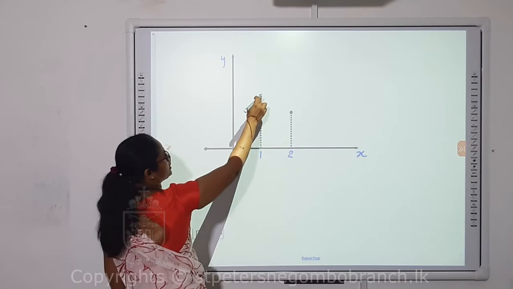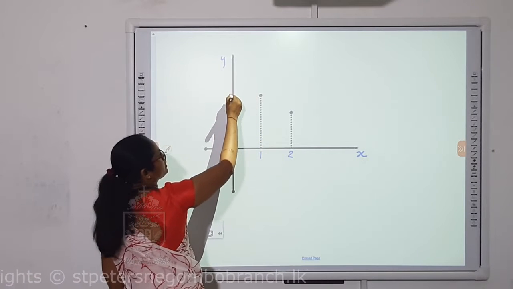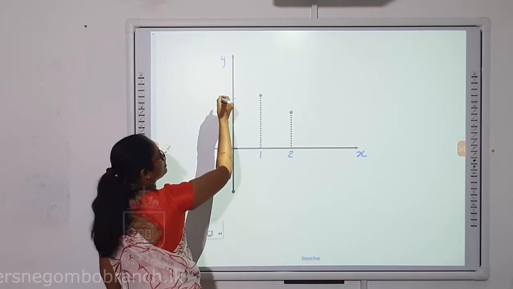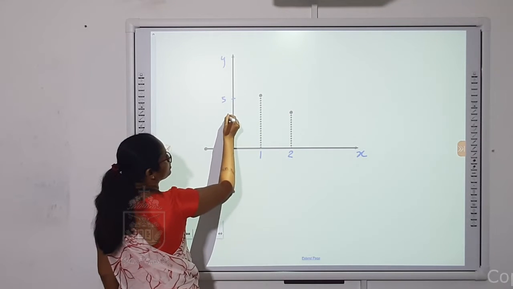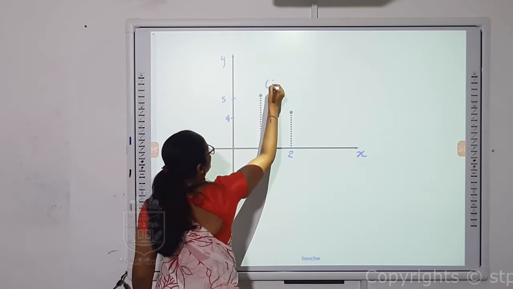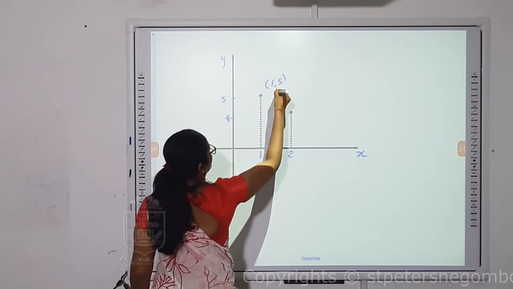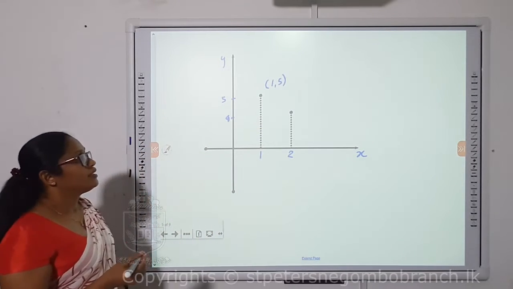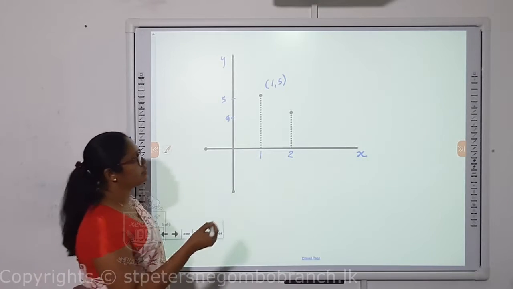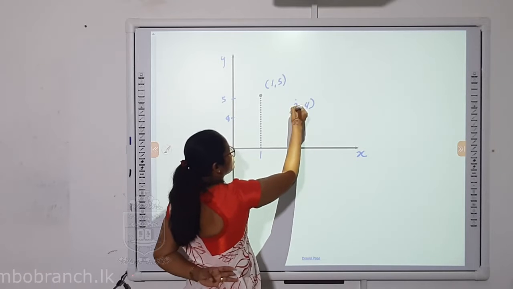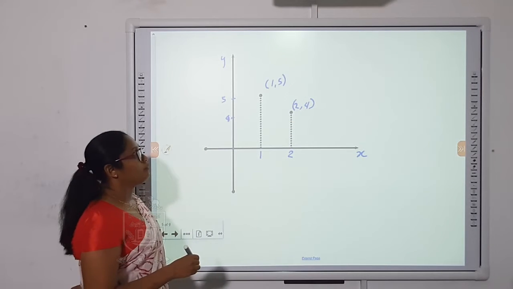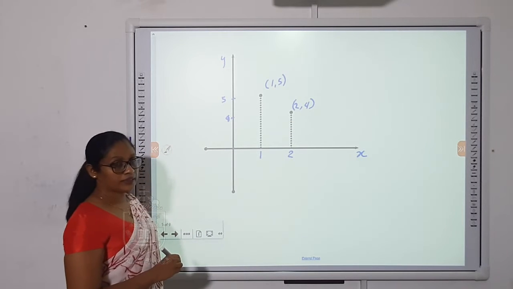So for the maximum point I mark this point. This should be 5 and this should be 4, somewhere here. So this point is (1, 5), right? The other point is (2, 4). So (1, 5) is the maximum point.